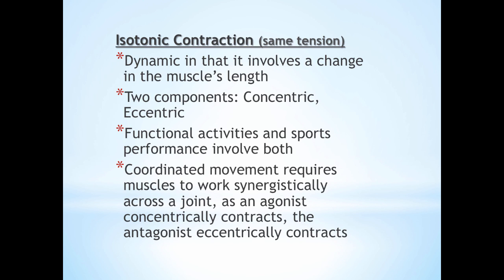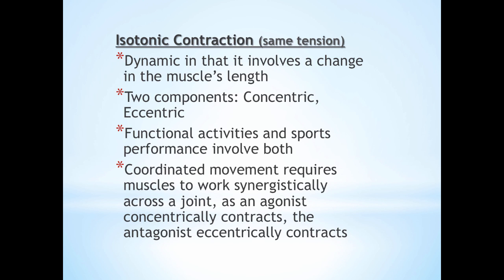Coordinated movement requires muscles to work synergistically across a joint. So as an agonist contracts, the antagonist eccentrically contracts. So if I'm doing elbow flexion and I'm moving my hand towards my face, I am actively concentrically contracting my biceps, but on the other hand, the triceps muscle, the antagonist, is eccentrically controlling that motion.